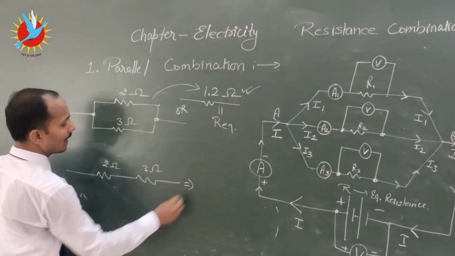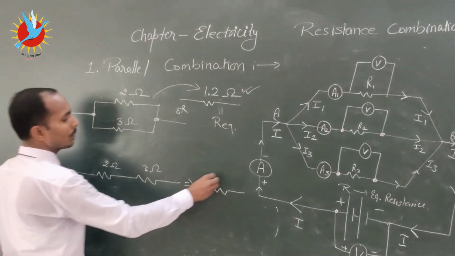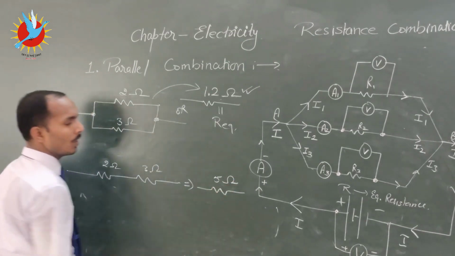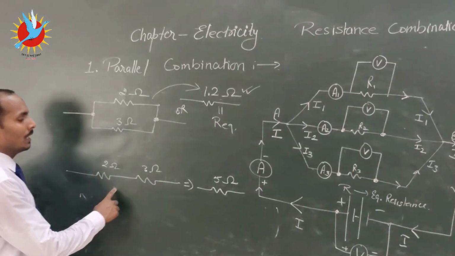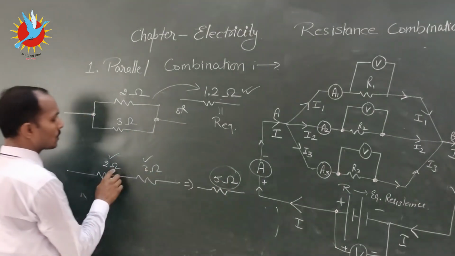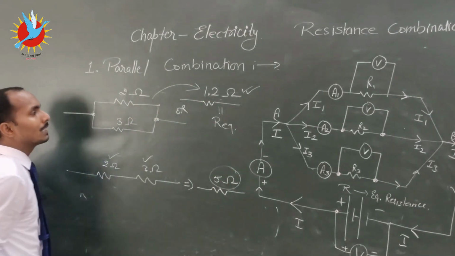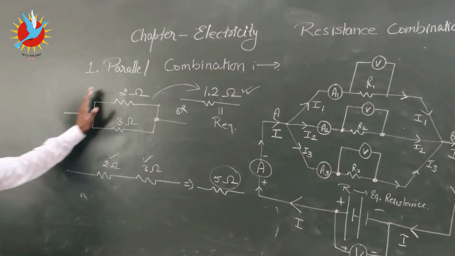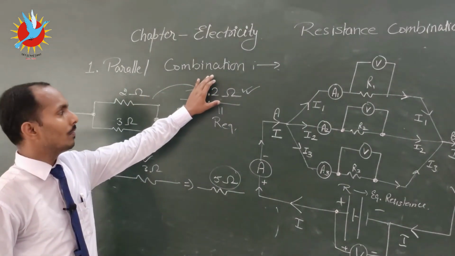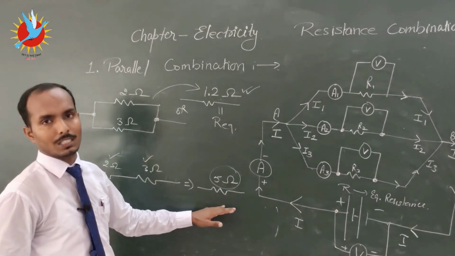Its equivalent resistance is R1 plus R2, which means 5 ohm. This is bigger than the two individual values. So in parallel combination we get less resistance, and in series combination we get more resistance.